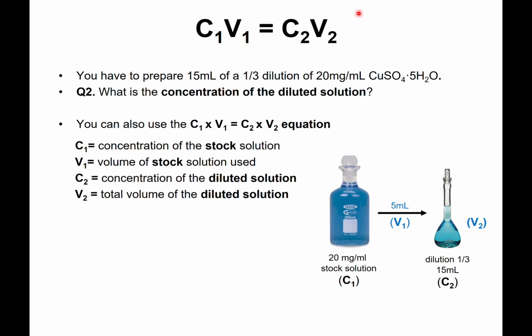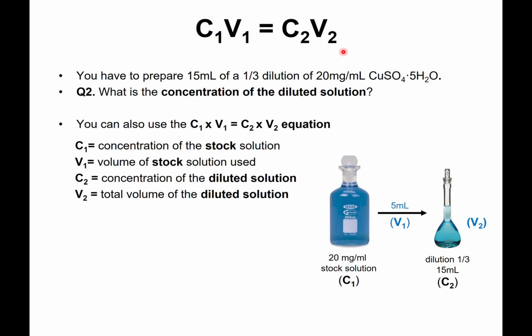This formula basically tells you that if you multiply the concentration of the stock solution, C1, times the volume V1 that you take of stock solution to make your dilution, this product should be equal to the product between the final concentration of the dilution, C2, and the total volume of this dilution, V2. So one always refers to information from the stock solution on one side and information from the final dilution on the other.